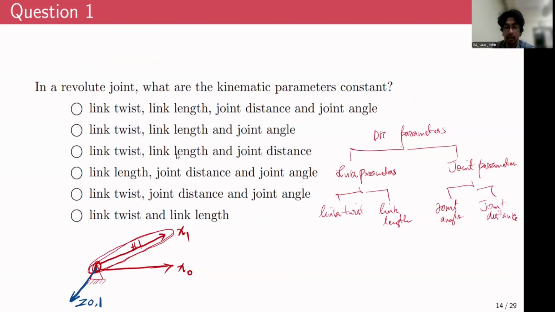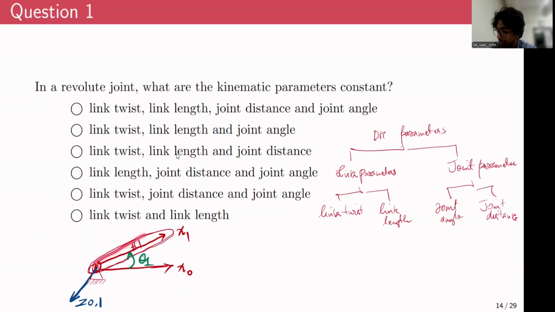And we characterize the orientation of the revolute joint by a parameter called theta1. So in a revolute joint, what is the parameter that is varying?